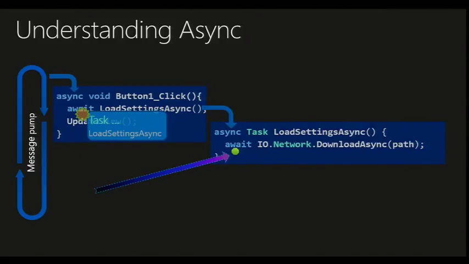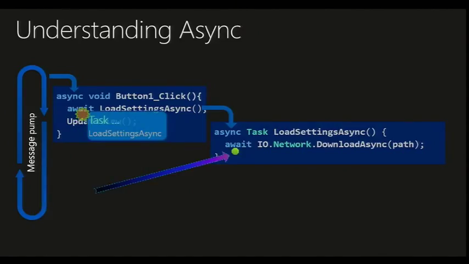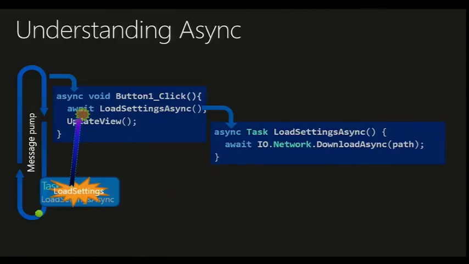Well, it's now going to be able to finish the method it was in, and this is complicated again, so we'll step through it again. When it finishes an async task returning method, then the task that it had returned gets marked as completed, ready for the message pump to handle when the message pump is free to handle more messages.